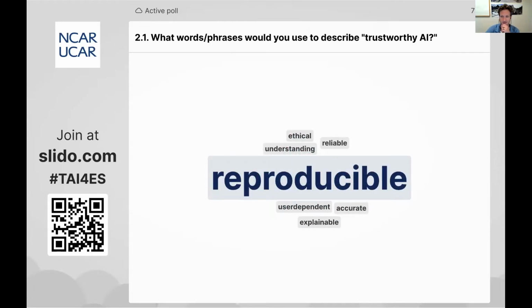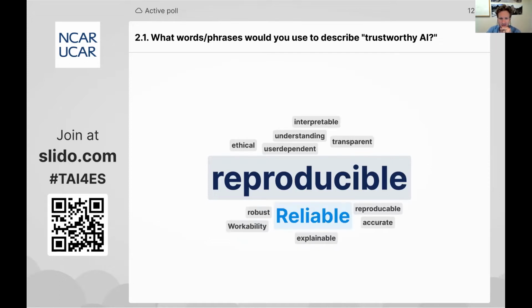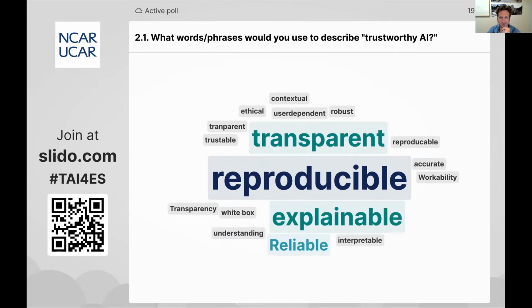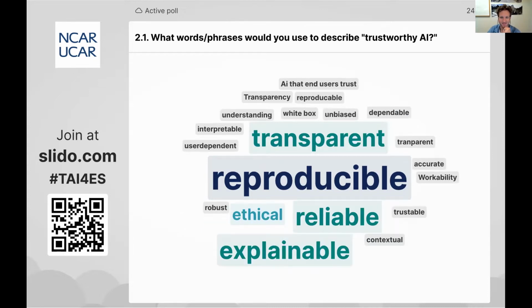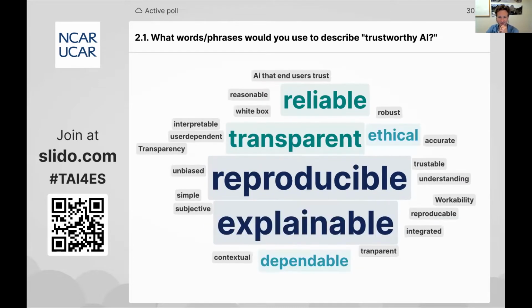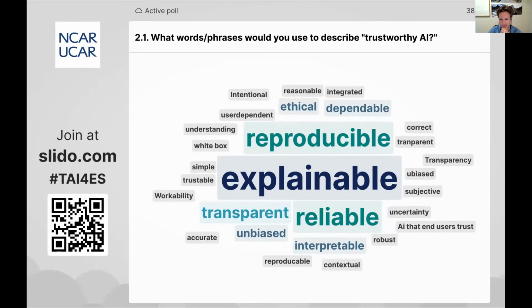All right, I got some coming in. Reproducible, reliable, ethical. User dependent, I like that one. Interpretable, understanding, transparent. All right, explainable, reliable. Good, it looks like we're gonna have some good times. We're gonna talk about reproducibility tomorrow, talk about explainability today. Transparency is great, nice, all right. Understanding, white box instead of black box.